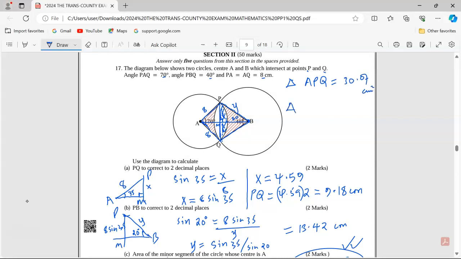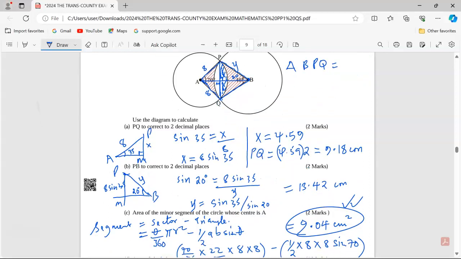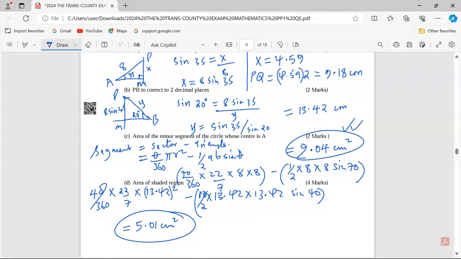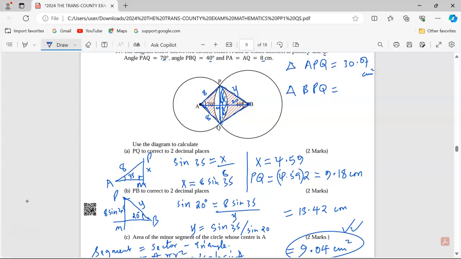Then the next triangle, which is BPQ, will have an area equivalent to half, this is going to be 57.88. Sorry, I already calculated it. 57.88 square centimeters.